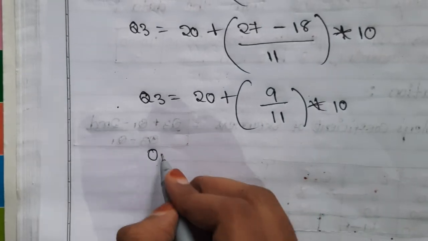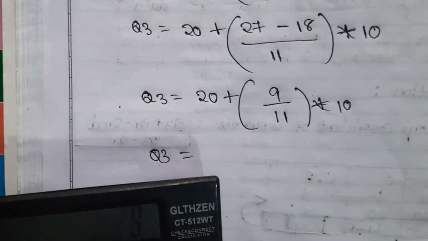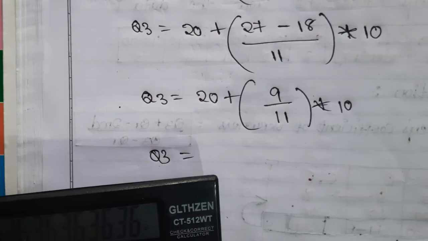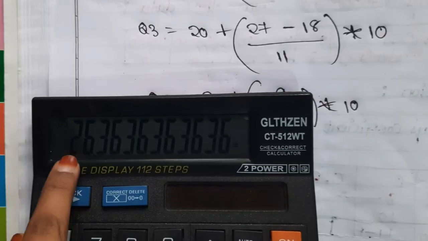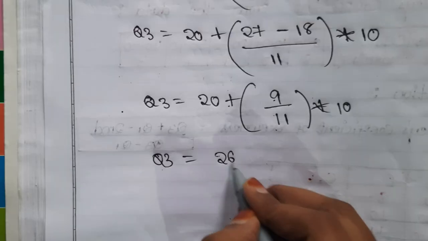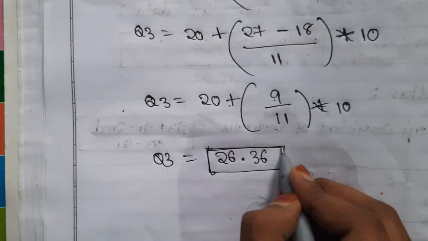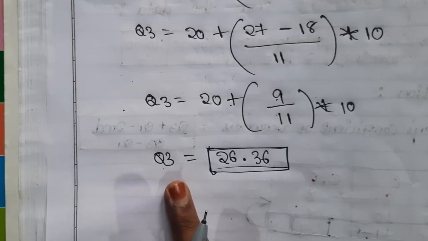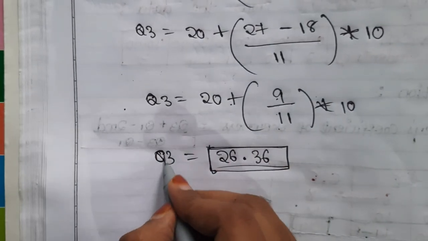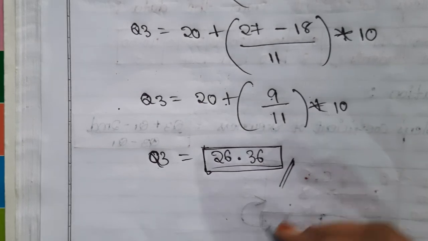Do the calculation now. 20 plus 9 divided by 11 into 10. How much you got? Yes, we got 26.36. This is our quartile 3. Q3 is 26.36. So we found Q3.